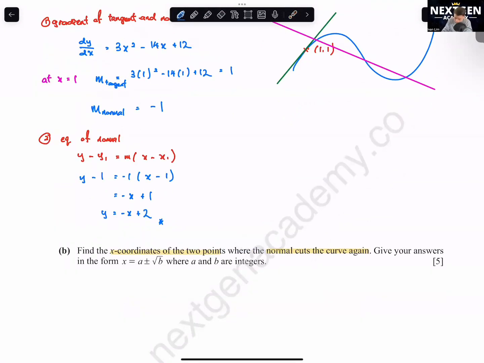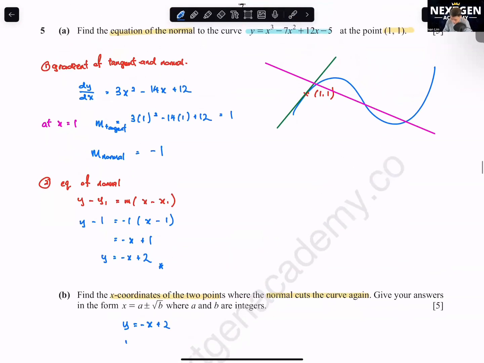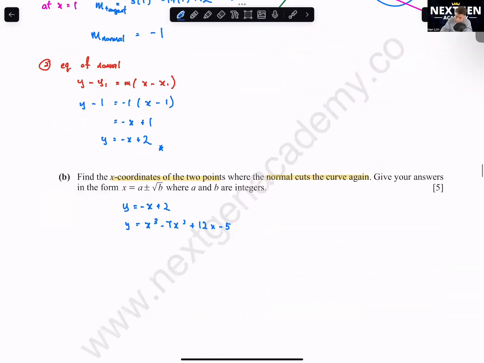We write down the equation of the normal first, which is y equals negative x plus 2, what we found in the previous question. And then the equation of the curve, y equals x cubed minus 7x squared plus 12x minus 5. Okay, I'm going to do a simultaneous equation.